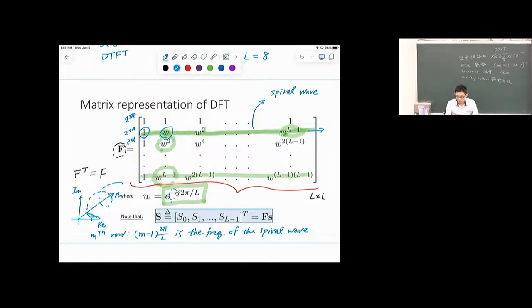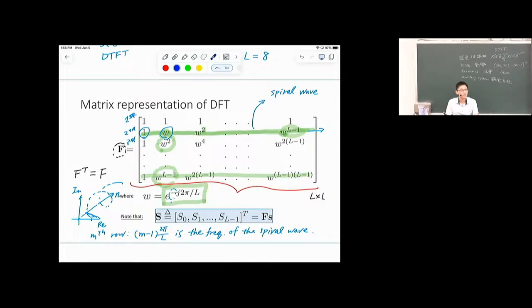Imagine this is the DC term, all one. The first row is all one with 0 frequency, the DC component. The second row corresponds to the fundamental frequency wave. And the third row is 2 times that frequency. There's a factor of 2 because of this exponent: 2, 4, 6, 8, and so on.